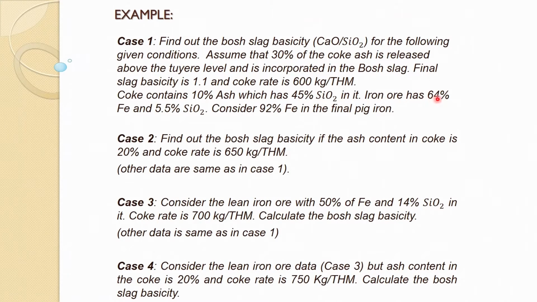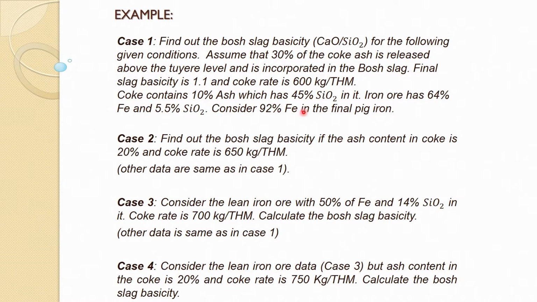Iron ore has 64% iron in it and 5.5% SiO2. Because we are talking about the basicity, we are interested mostly in the CaO and SiO2 ratio. So, we are concentrating on where the CaO and SiO2 are present. Mostly SiO2 comes from the coke and from the iron ore.